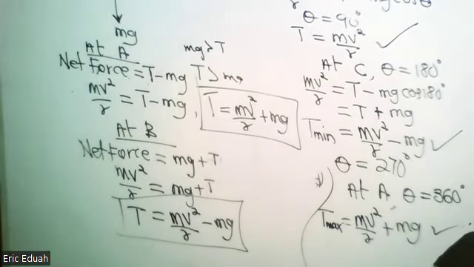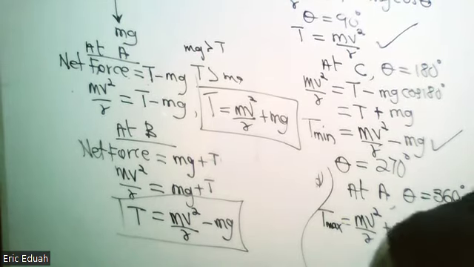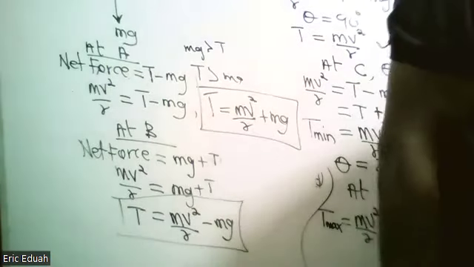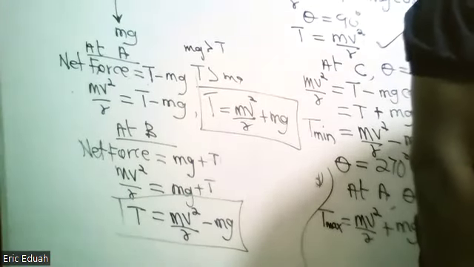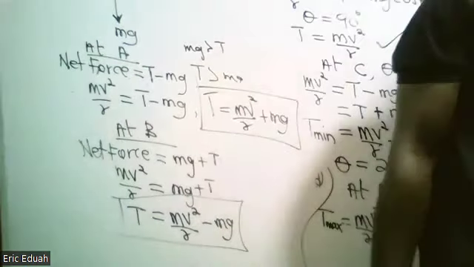An object of mass 8.0 kilogram is whirled round rapidly in a vertical circle.